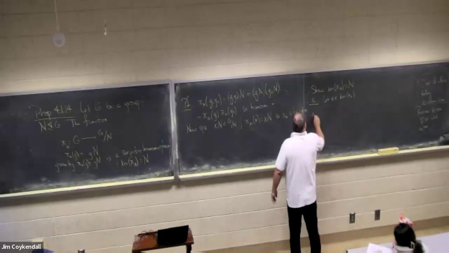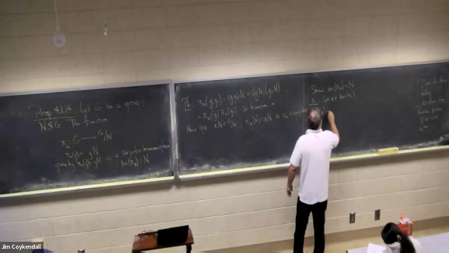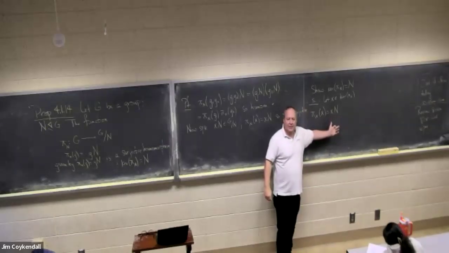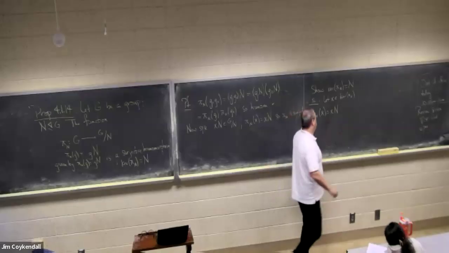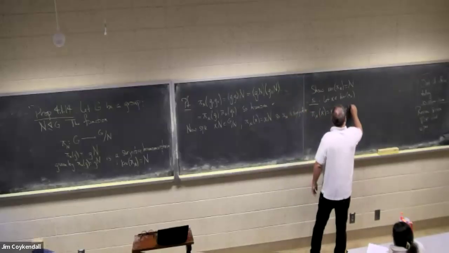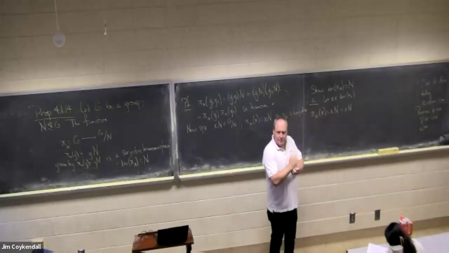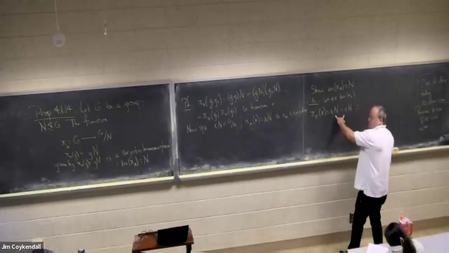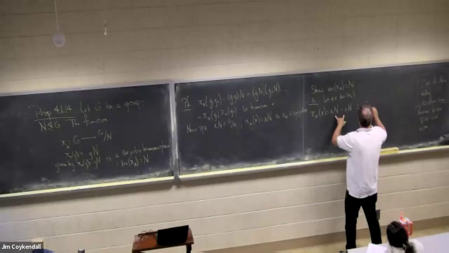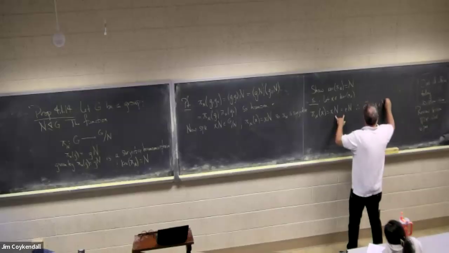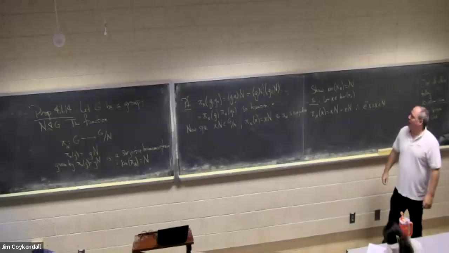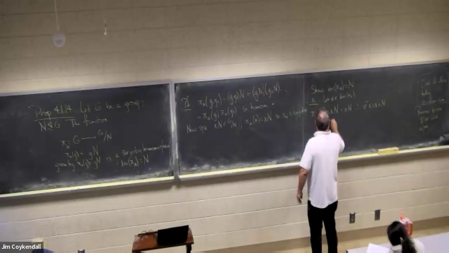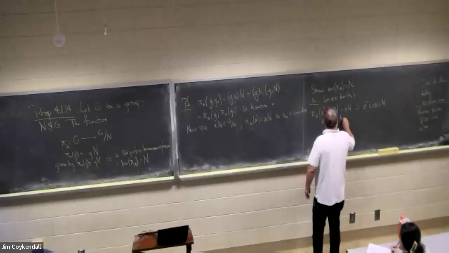Well, this means that pi of x, this output here, has to be the identity element of G mod N, right? Therefore, since these two cosets are the same, x is in N. So we've shown that the kernel of pi is contained in N.